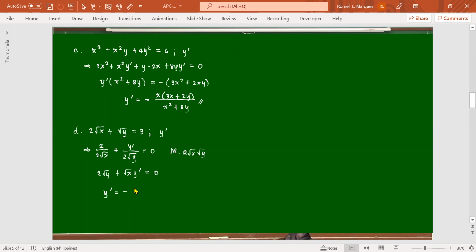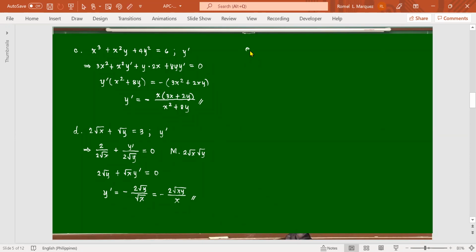Negative 2 square root of y over square root of x. Or if you want to rationalize, 2 square root of xy all over x. That's it. Guys, question, guys?